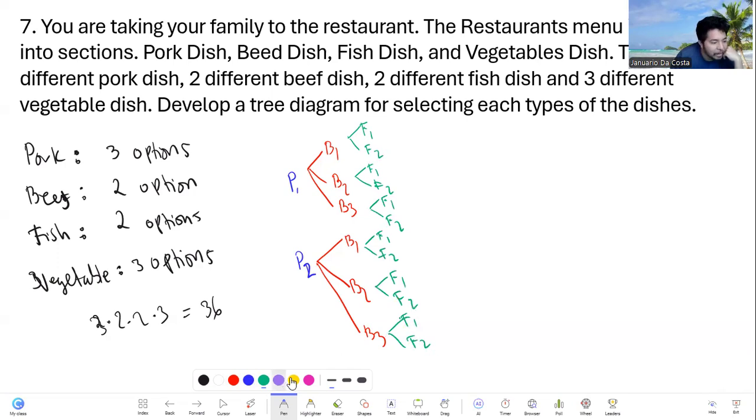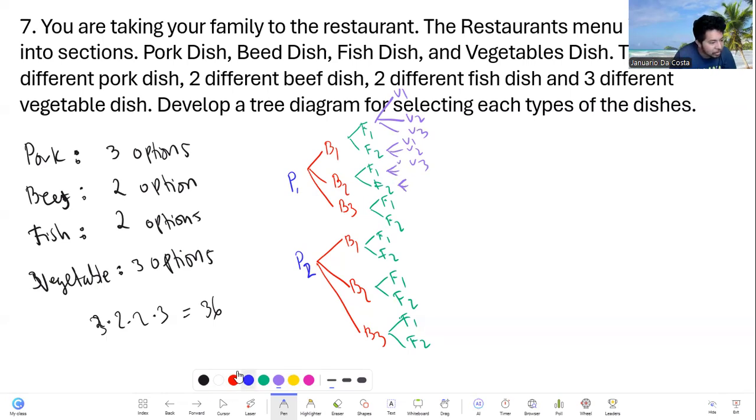Now, after you select that, you select a vegetable dish. So V1, V2, and V3. This is also V1, V2, and V3. So it's the same thing, yeah?